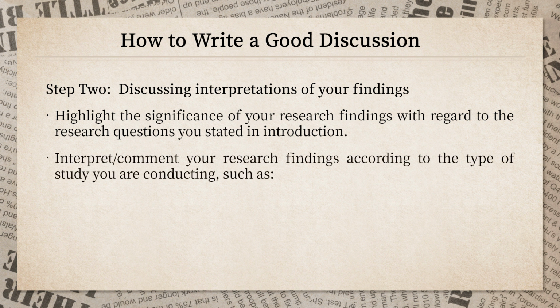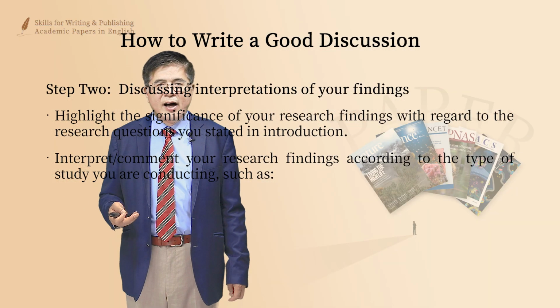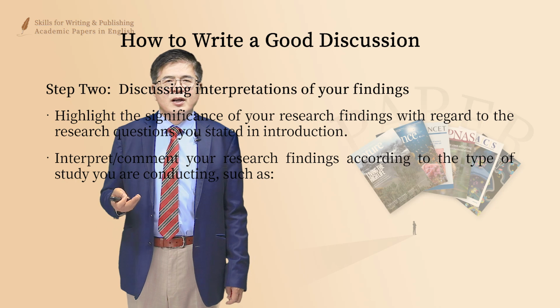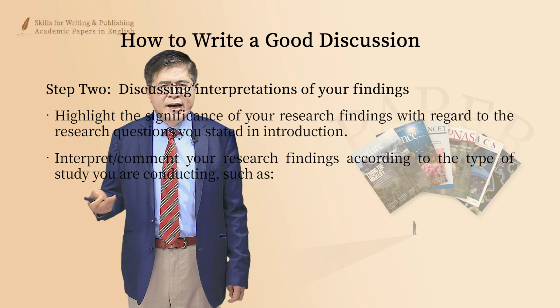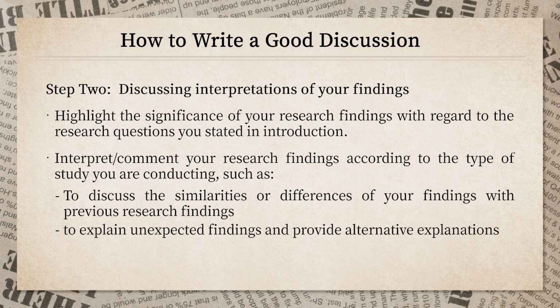And also, you would interpret and comment on your research findings according to the type of study that you have conducted. It could be to identify the correlations among the variables or the data, or discuss the similarities or differences of your findings with previous research findings, and to explain the unexplained findings and provide alternative explanations.